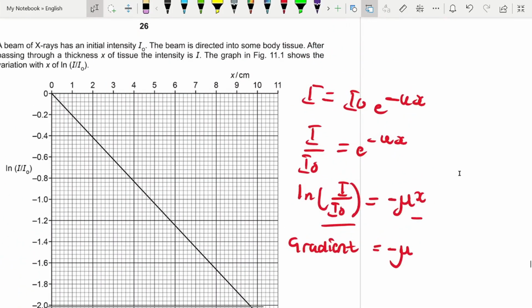Okay, a recap. Like I said, we know this is the equation for attenuation, right? The intensity that you have is equal to I0 e to the power of negative mu x. This equation describes decay, and if you put I over I0, introduce ln on both sides, it will help you find the gradient, which would be negative mu, and then ln I over I0 is going to be equal to negative mu x, right?